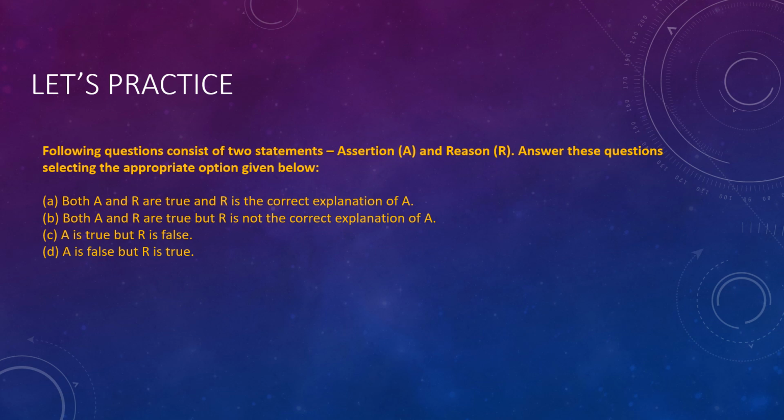So both A and R need to be true, where R should be the reason or the explanation for A. Option B, both A and R are true, but R is not the correct explanation of A. C, A is true and R is false. D, A is false but R is true. This time the both-false option is not there in it.